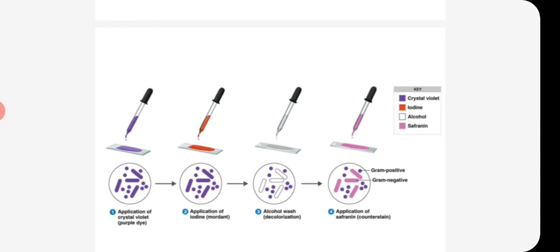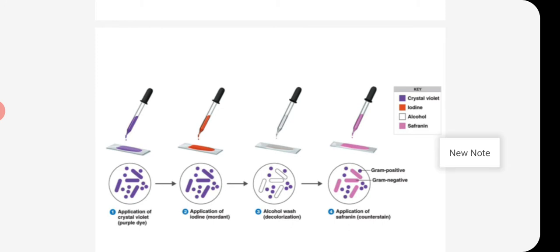So depending upon this gram staining procedure, we can easily identify the two types of bacteria, gram positive and gram negative. In these two groups of bacteria, the main difference lies in the cell wall structure only.